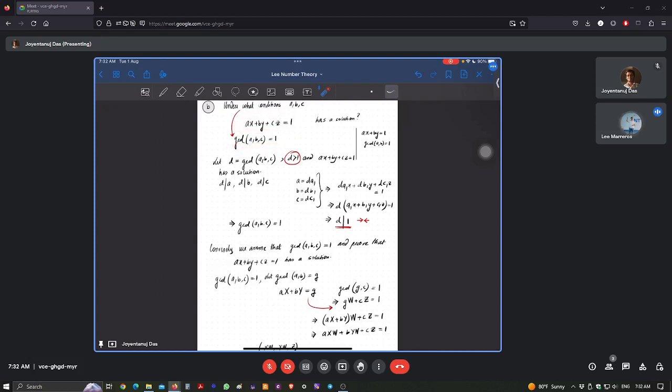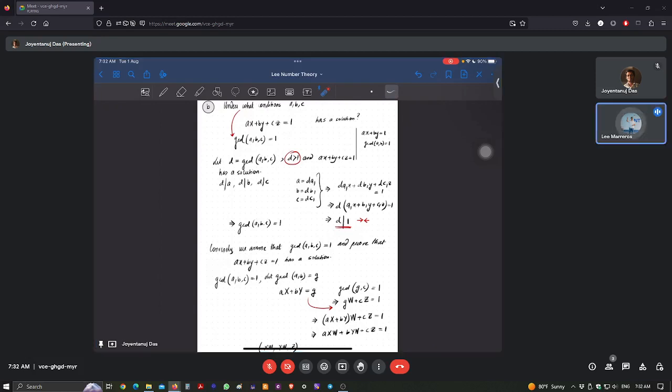So we first assume that the GCD of A, B, C is D for D strictly greater than 1, and then we try to arrive at a contradiction. Why did we arrive at a contradiction?